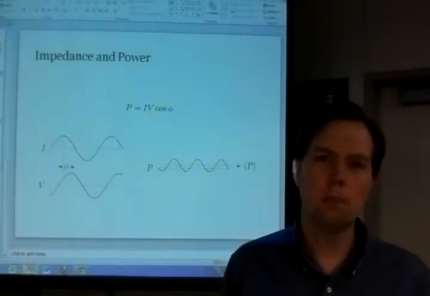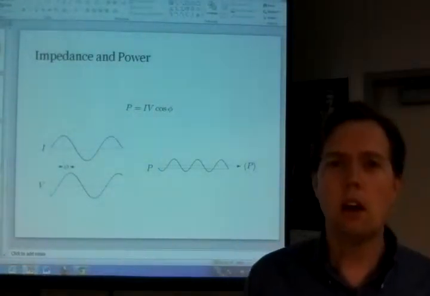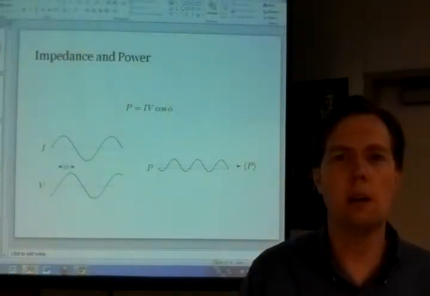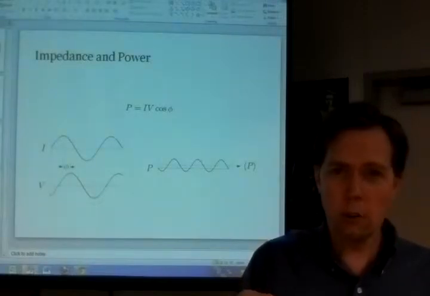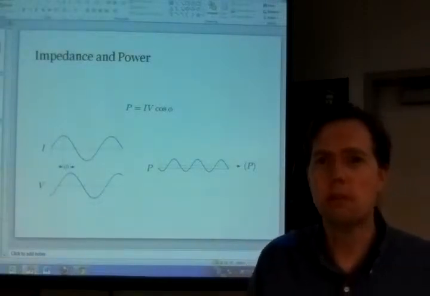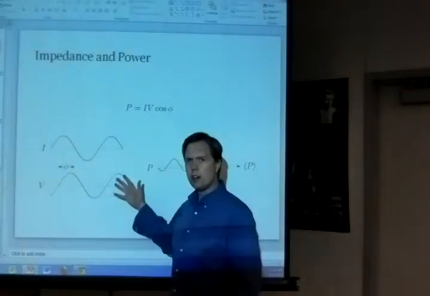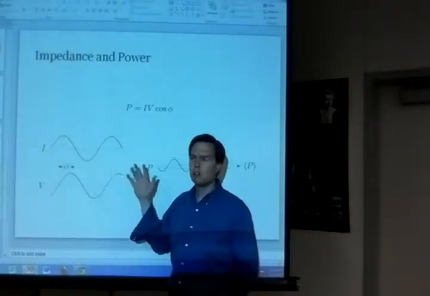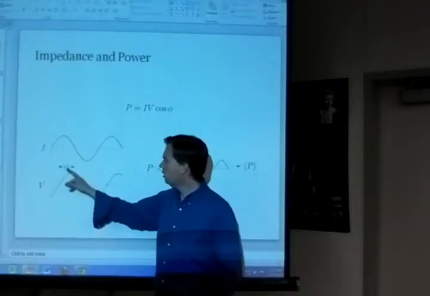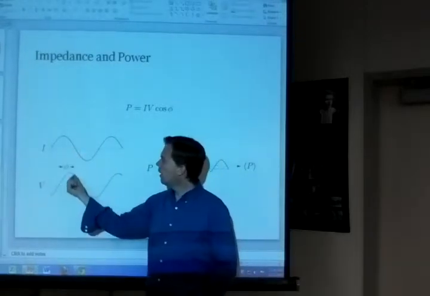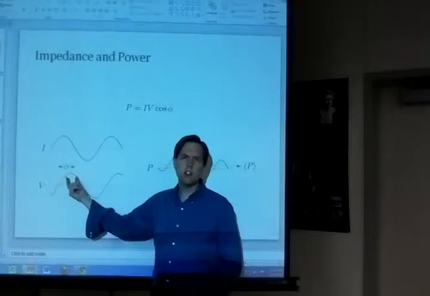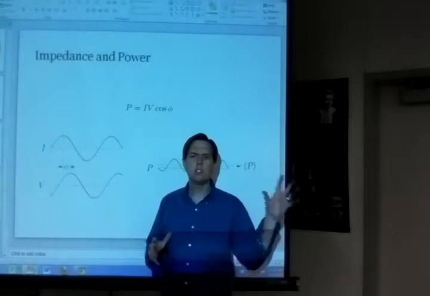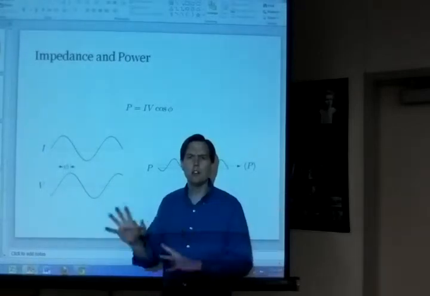So in the previous, more fundamental formula, all those values were the instantaneous values, what they were at a particular moment in time. Now, that formula actually is still true. Fundamentally, this is a general circuit. I've got a voltage and I've got a current, and they're displaced by a certain phase. This is going to be dependent on the relationship between the resistor, capacitor, and inductors and how they all fit together.